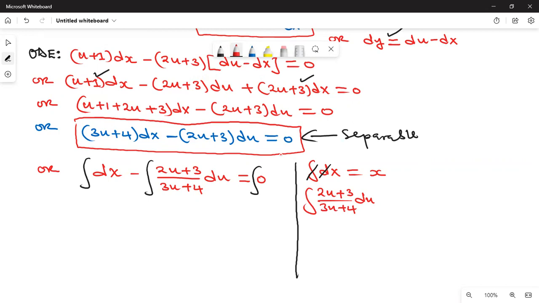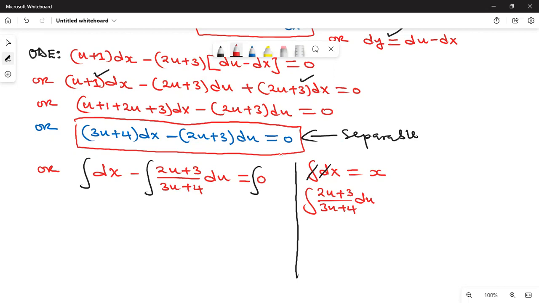Look at what we have in the numerator and what we have in the denominator. You realize that each of them are polynomials. In the numerator, it is a polynomial of degree 1. In the denominator, it is also a polynomial of degree 1.